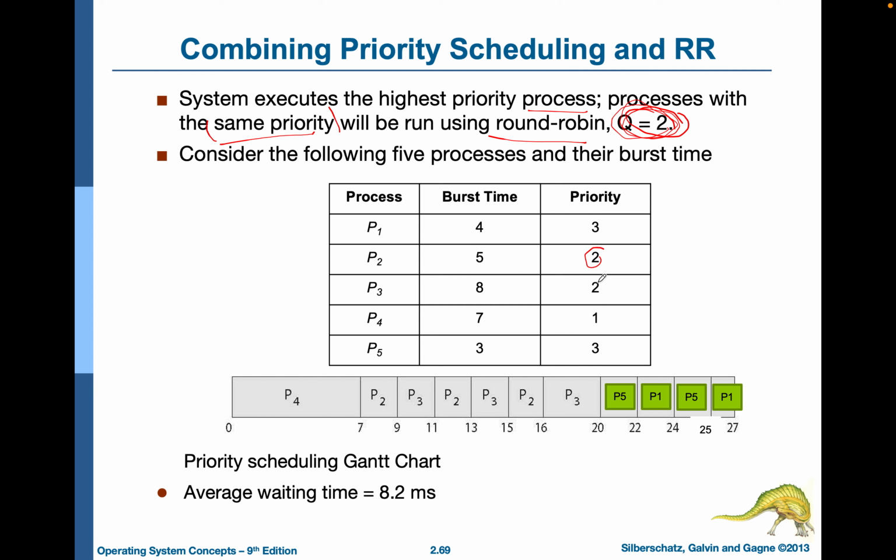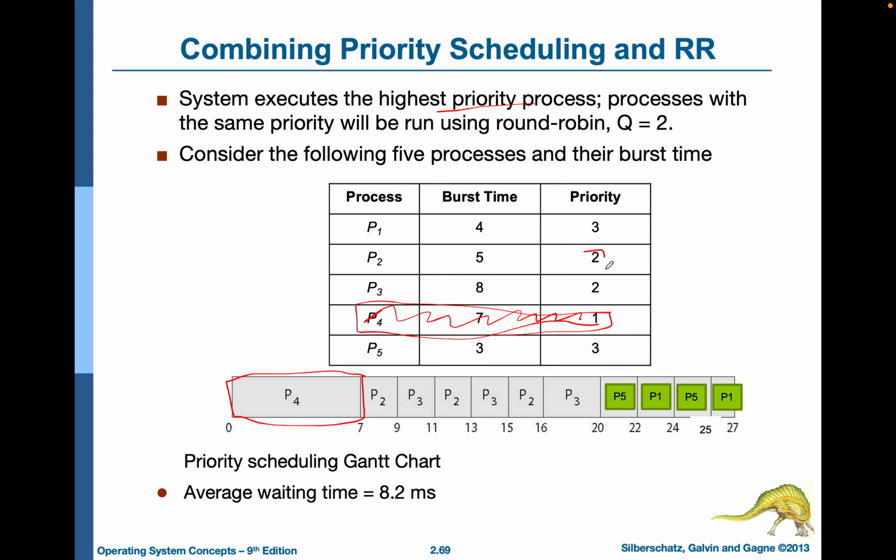That's why this and this will be having quantum 2, and this and this will be having quantum 2. Let's see the first one. P4, the high priority, is going to run directly for all its burst time, which is 7. So it's finished already.